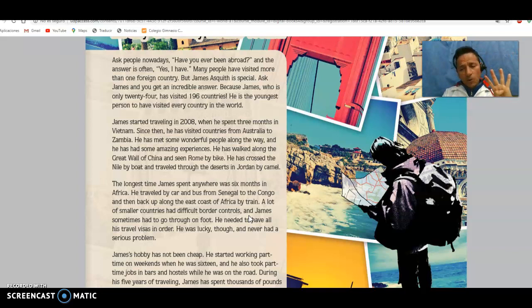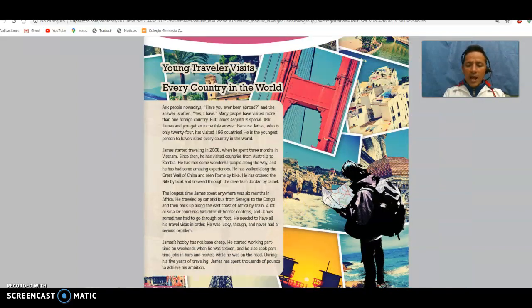Activity 4 is going to be different because in activity 4 you have to do the comprehension. Now we go to the next page, 79, and you're going to answer the comprehension questions. Let's start reading.